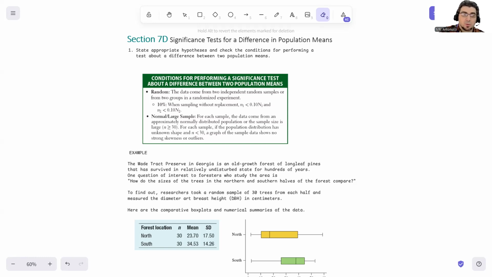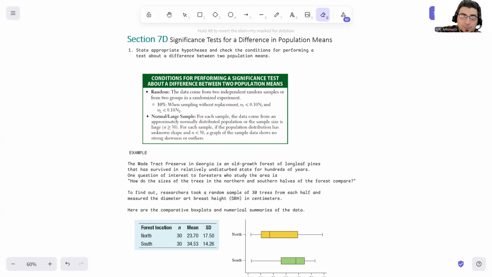So in AP Stats, we're going to focus on situations where the hypothesized difference is zero. So in this situation, the mean difference is hypothesized to be zero, and then we're going to eventually look for a difference in that.